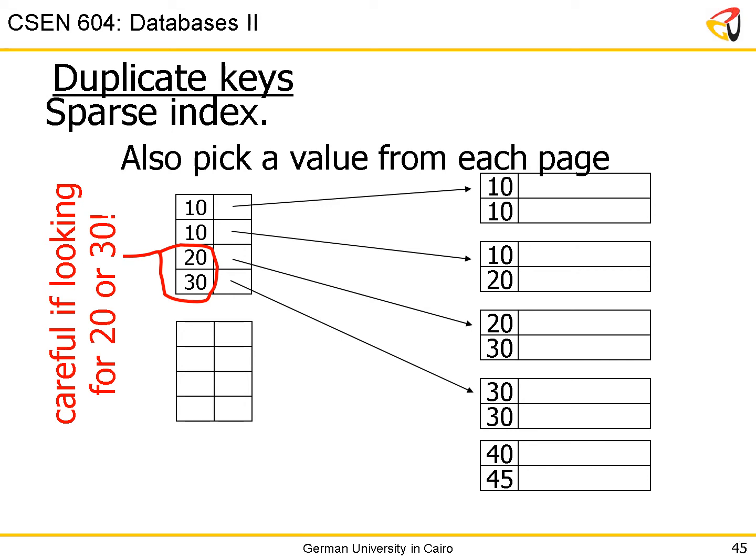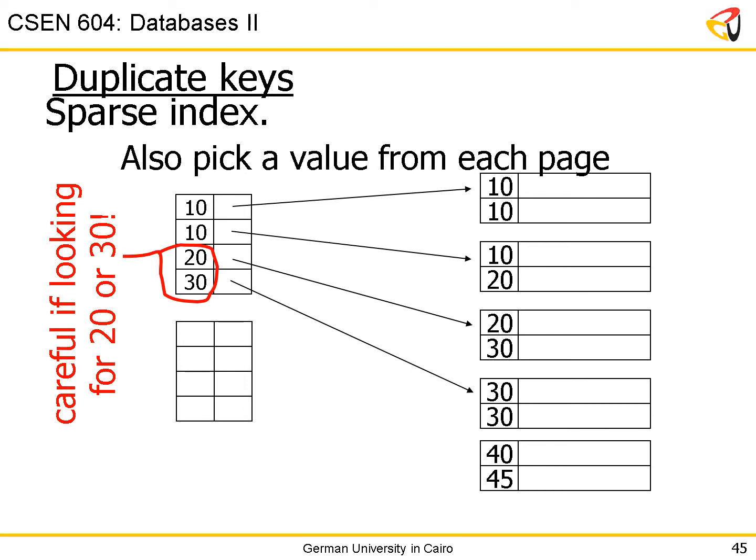And let's say the query we're working with is selecting the rows with value 20. Now, I'm showing this example to highlight that based on how you decide to pick values, your code will differ.